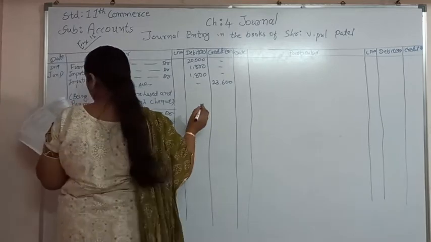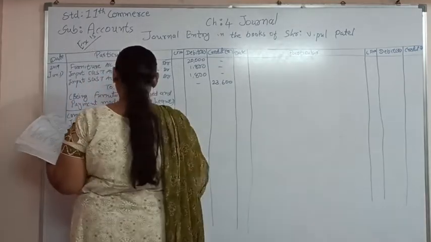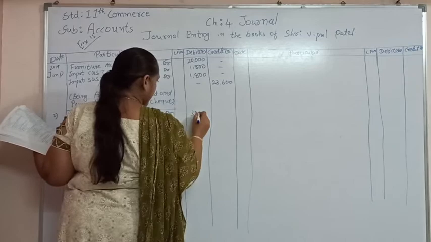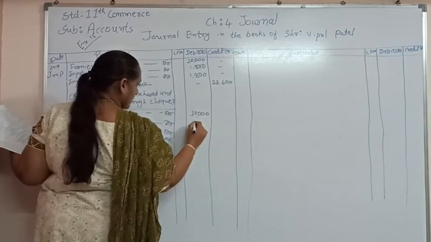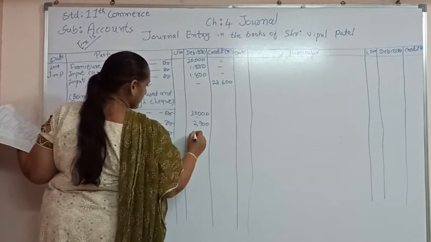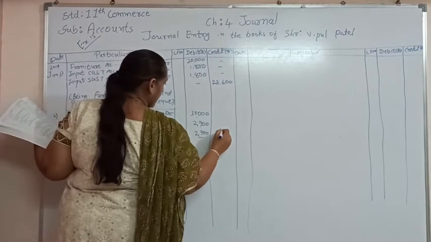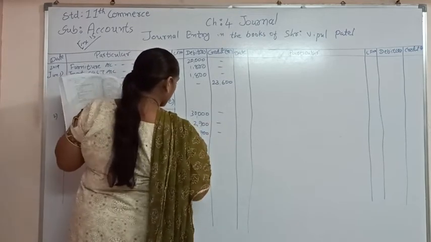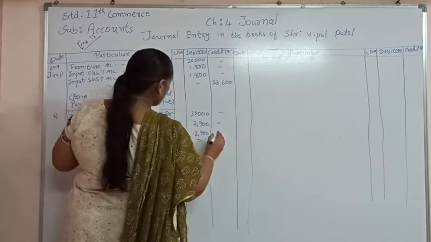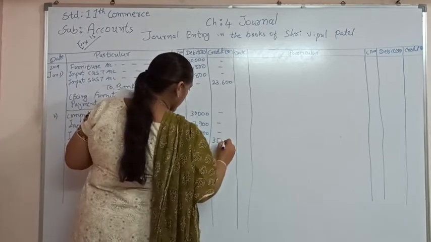And here we have purchased the computer of 30,000 and 9% of 30,000 will be 2,700, and another 2,700, and the total of that will be 35,400.